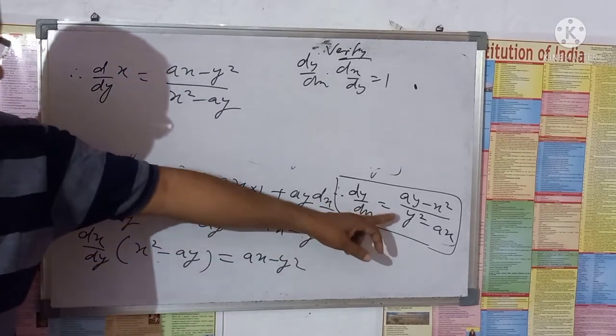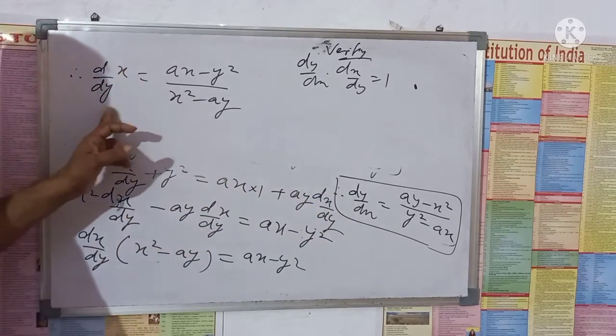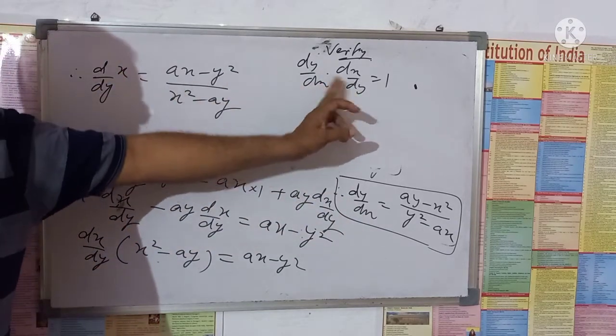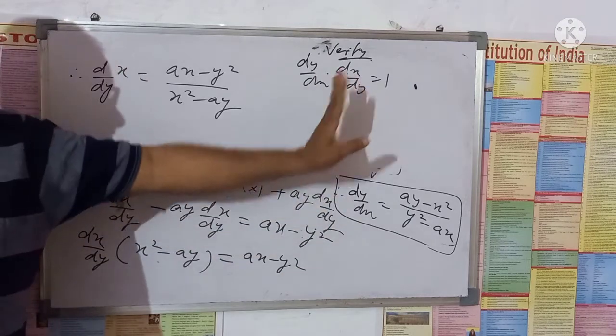So dy by dx is this one, and dx by dy is this one. We have to put them here, multiply, and prove that the value will come 1.